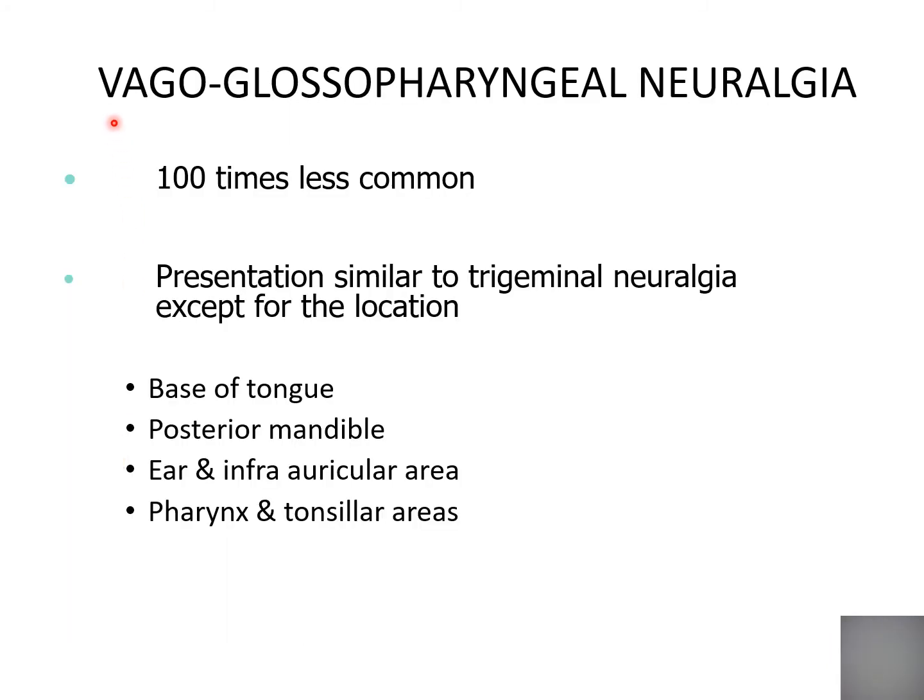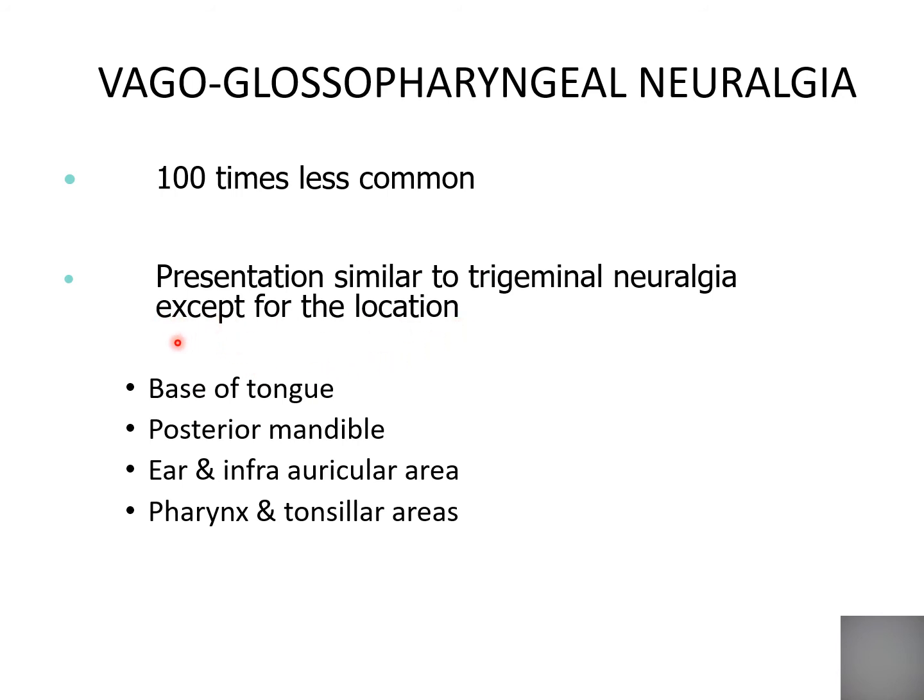Another primary neuralgia in the head and neck region is the vago-glossopharyngeal neuralgia, and as the name indicates, it affects the tissues in the distribution of vagus and glossopharyngeal nerves. It's about 100 times less common than trigeminal neuralgia, and the presentation of vago-glossopharyngeal neuralgia is very similar to trigeminal neuralgia, except for the location.